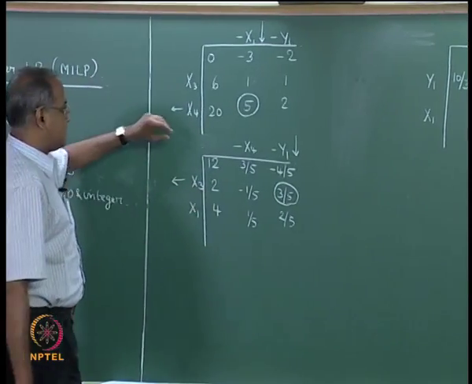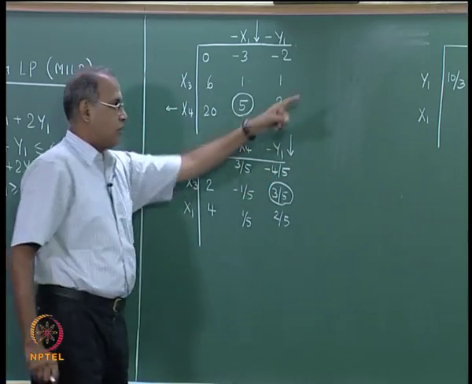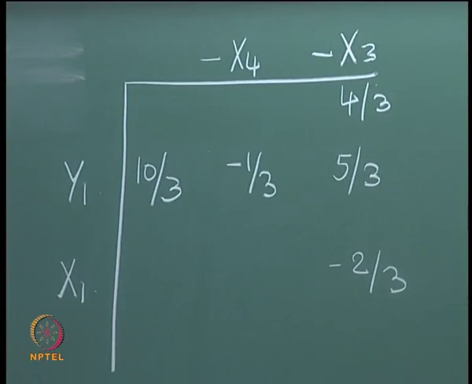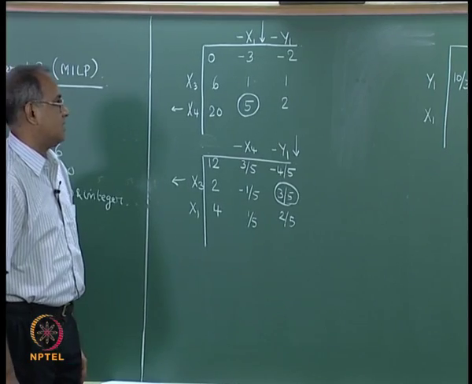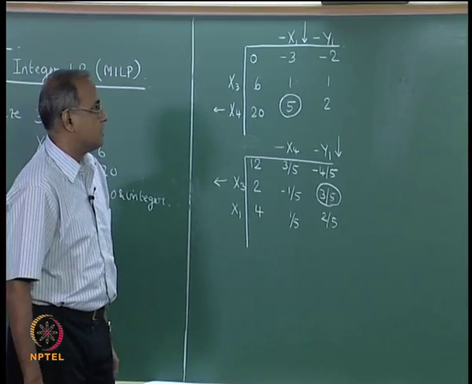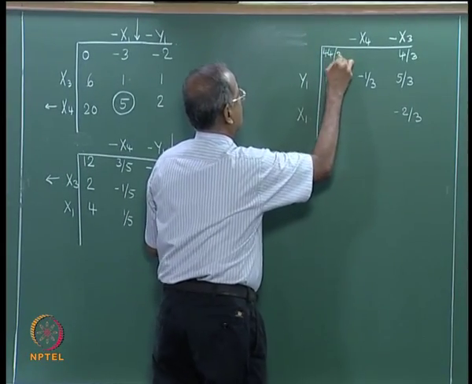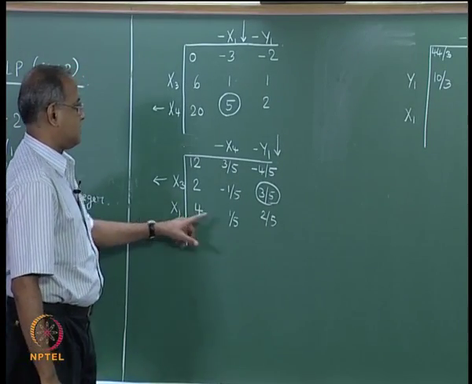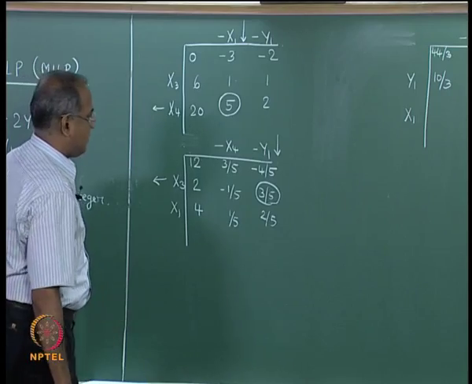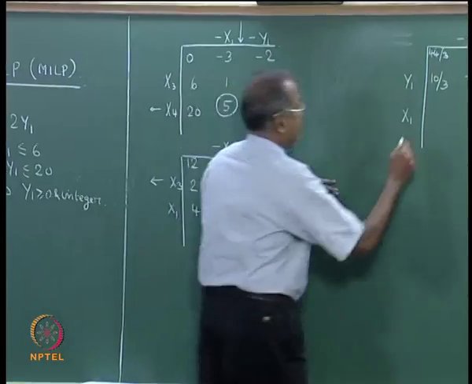So this will be 12 minus 4 by 5 into 10 by 3, so 12 plus 40 by 15 or 12 plus 8 by 3, 44 by 3. Four minus 2 by 5 into 10 by 3 is 4 minus 4 by 3, which is 8 by 3.